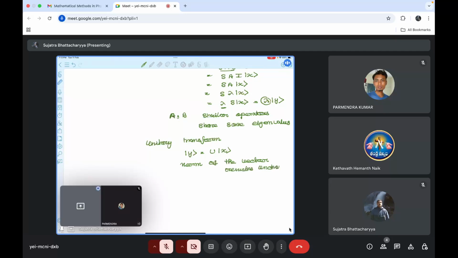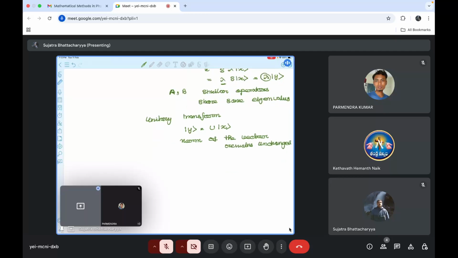So whenever you do this kind of unitary transformation, the initial vector X will have the same norm as the final vector. A unitary transform can be done like this: U dagger A U. This is how the unitary transformation looks. And we know that U dagger is equal to U inverse. This is the same unitary matrix we are talking about.